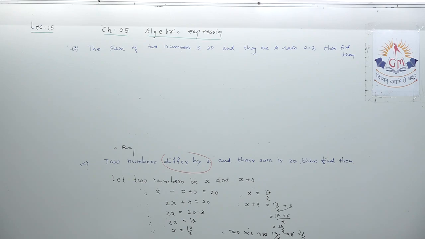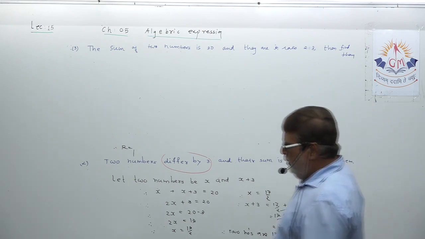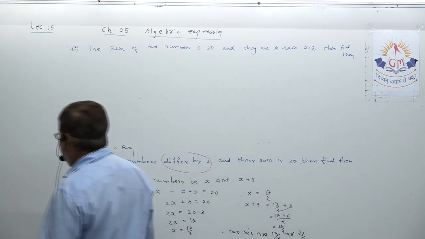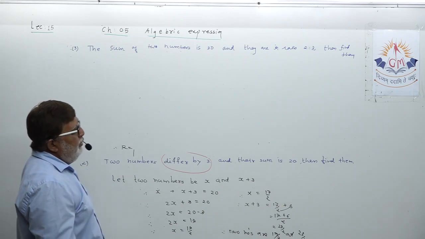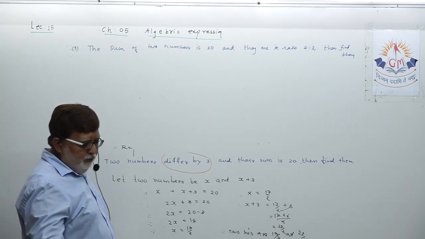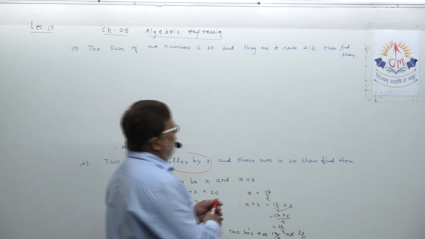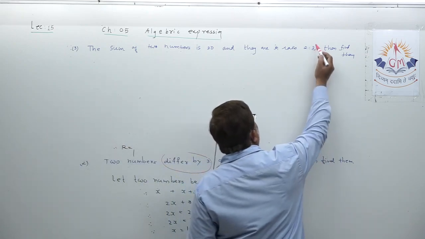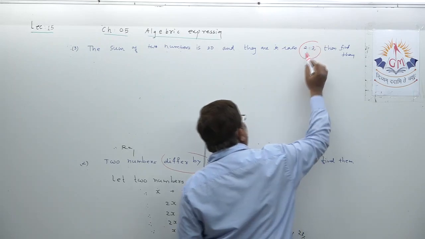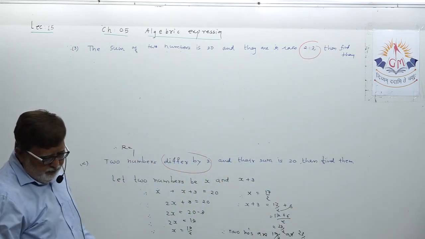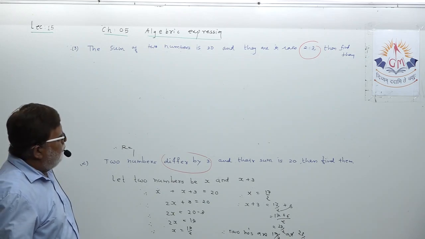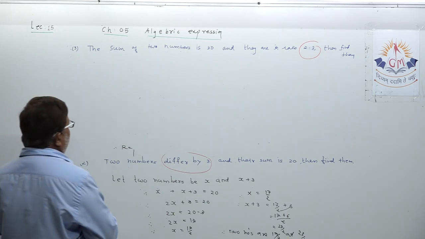Not only the sum of two numbers is given, but it is also given that they are in proportion, means in ratio 2:3. Here, dear student, the caution point and important point I am encircling. Two numbers are in proportion 2:3.